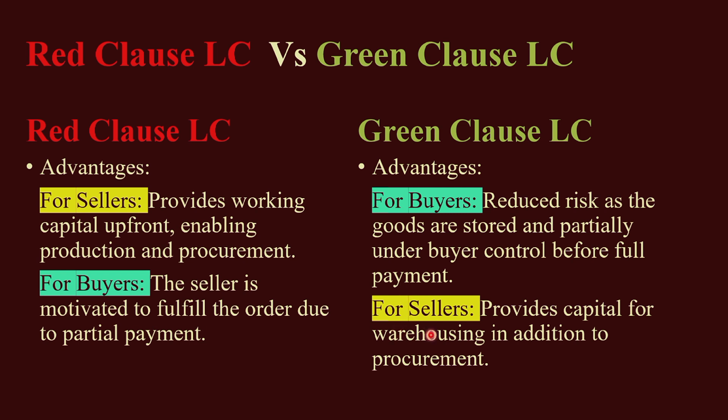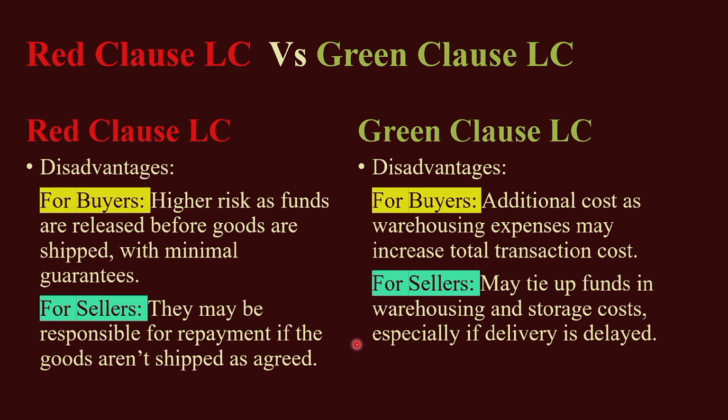And for the seller, it provides capital for warehousing in addition to the procurement. As we have already discussed, the additional clause of warehousing was added in this LC. So risk is reduced for the buyer, and for the seller it provides capital for warehousing in addition to procurement. On the other hand, there are disadvantages for both cases.